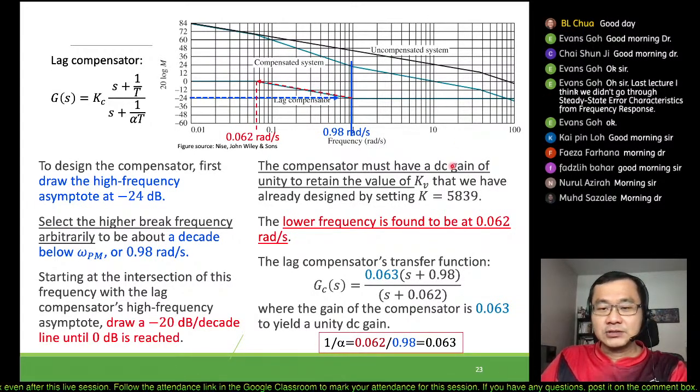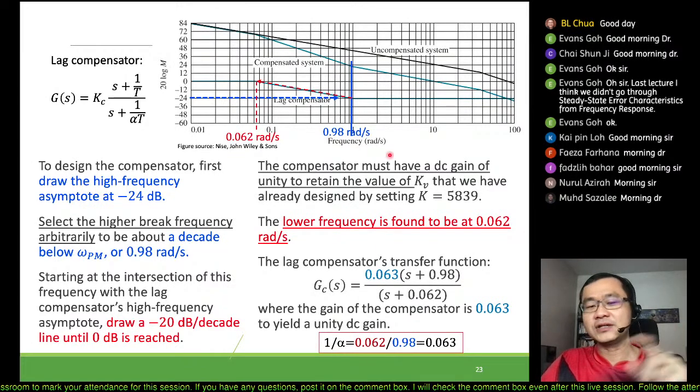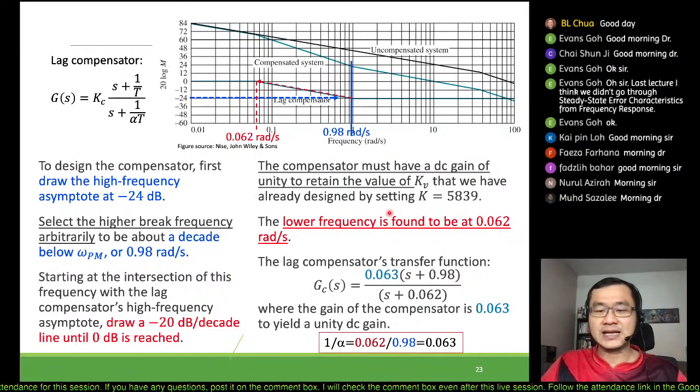Now how we put it into the transfer function is that we have this Kc value, then 1 over T, and then 1 over alpha T. So these three values we can actually get from all the values that we obtained.